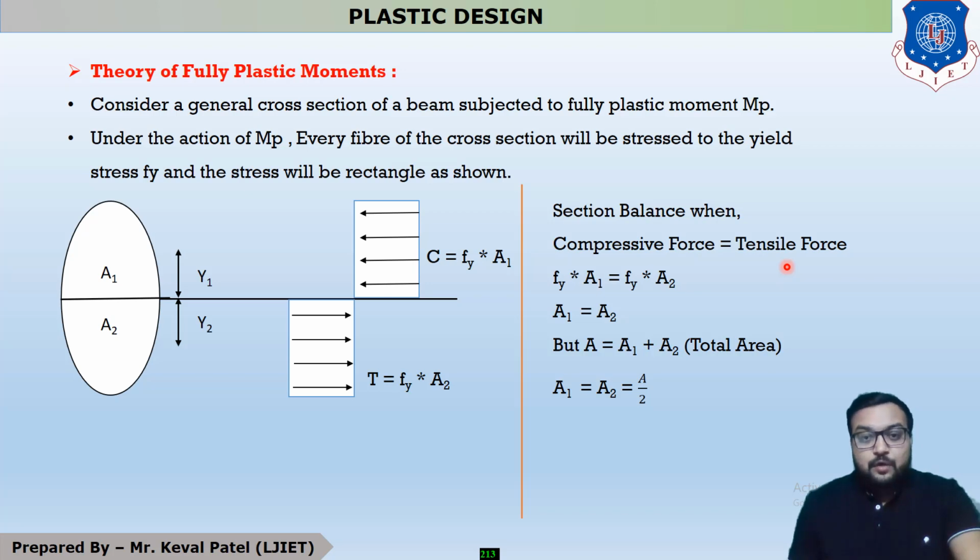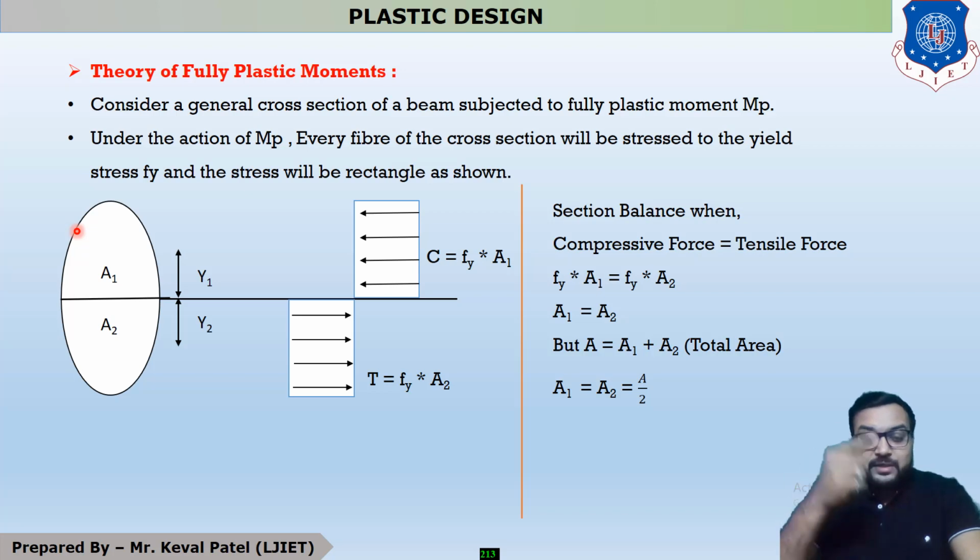Now what is the value of compression force? The value of compression force is Fy into A1 and the value of tensile force is Fy into A2. Now you cancel the Fy, so your equation is A1 is equal to A2. You can already see in this figure that you cut the figure from the center, so obviously A1 is equal to A2.